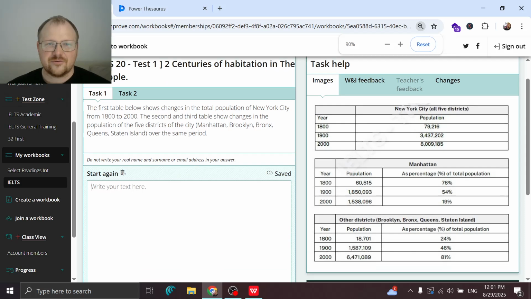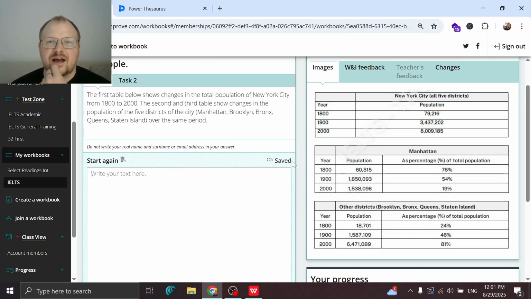Alright, so if we take a look at the IELTS 20 Test 1, we have a triple table situation, and we have quite a number of long strings of information we have to add, and it seems like a lot, but to be honest, you only have 6 sets of numbers times 3, right?